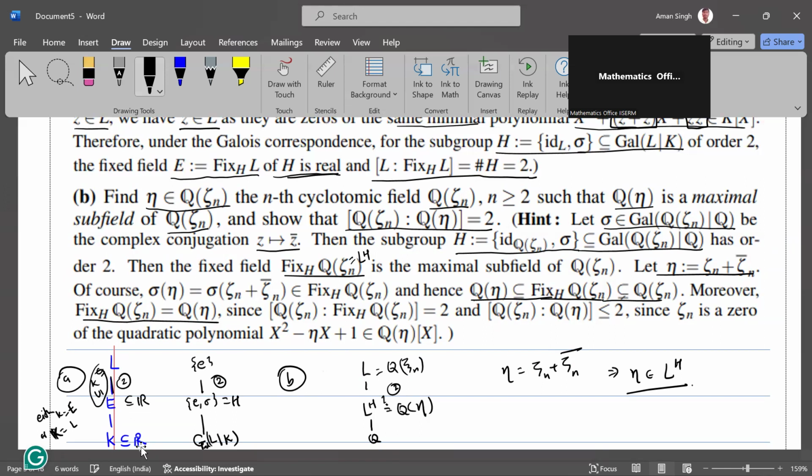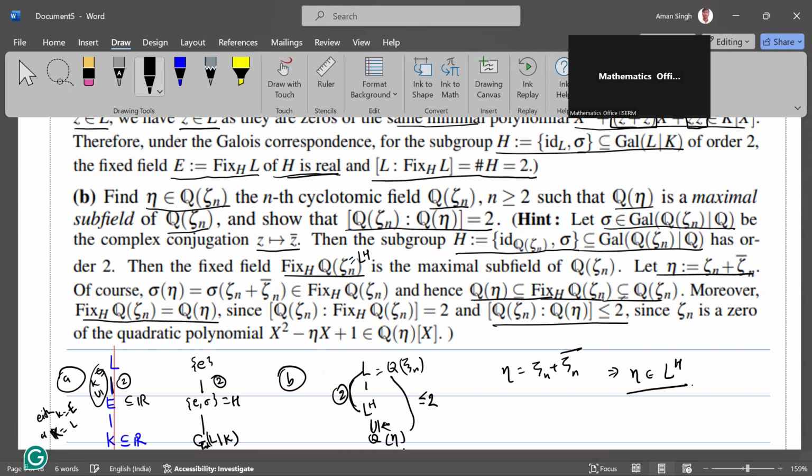Why? Because here we are taking Q(eta) inside the fixed field. So this degree of extension is 2, and this degree of extension is less than or equal to 2. So in particular, all the equalities hold here.